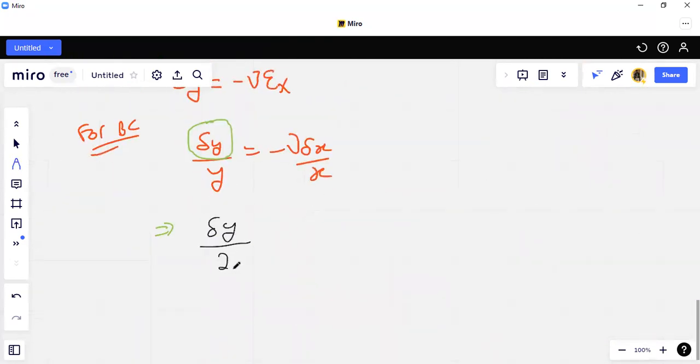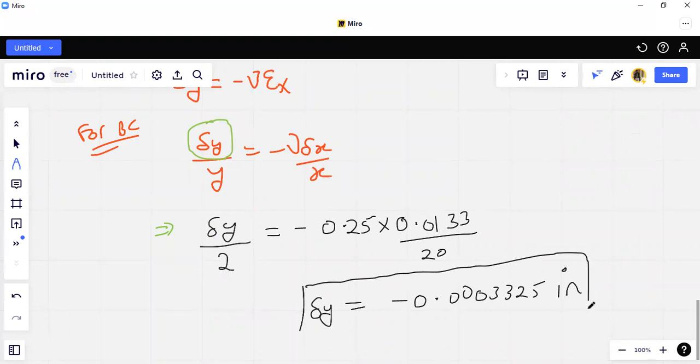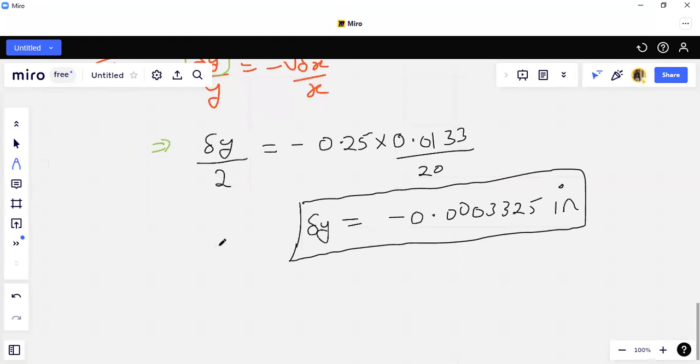So delta y divided by 2 is equal to minus Poisson's ratio 0.25 multiplied by delta x 0.0133 divided by 20. So delta y will be minus 0.0003325 inch. This is the delta y, the change in y direction for BC section.